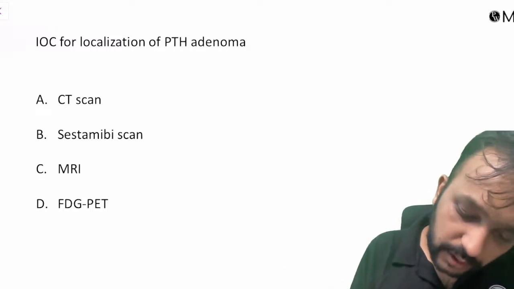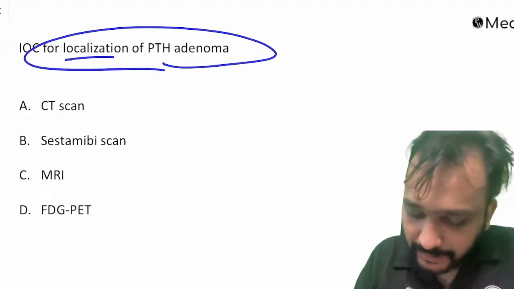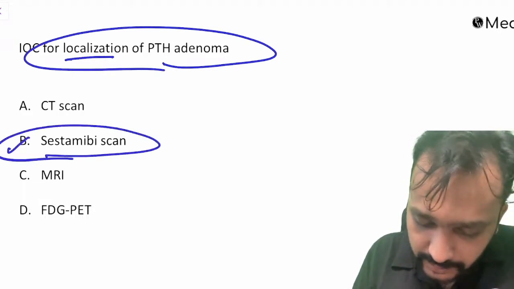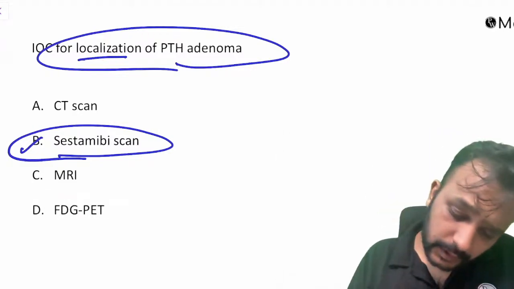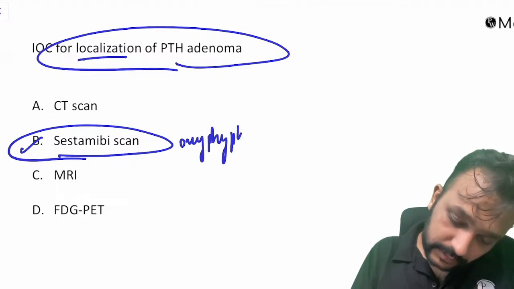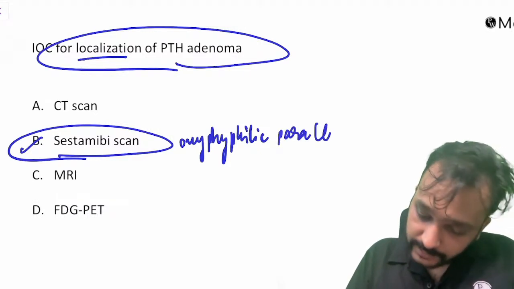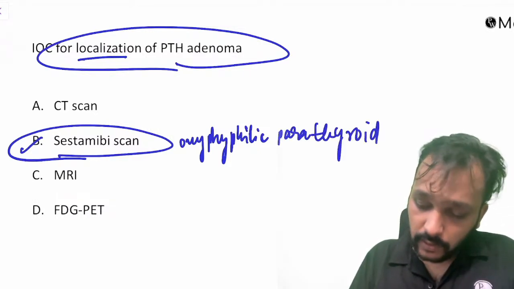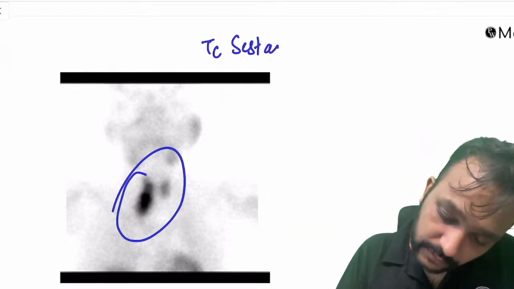Investigation of choice for localization of parathyroid adenoma will be a Cysta BV scan, right? So basically your oxyphilic parathyroid adenoma is going to show increased uptake on the Cysta BV scan. Just remember another important indication of Cysta BV.